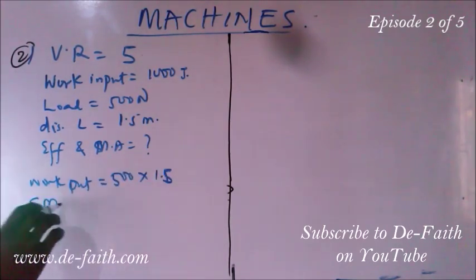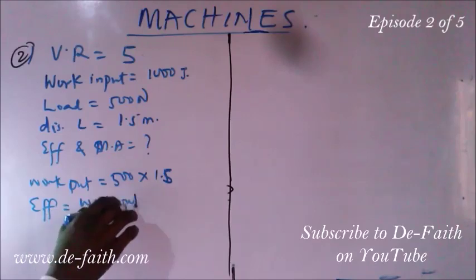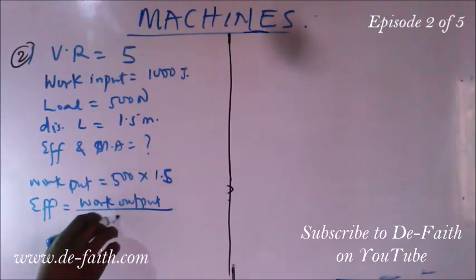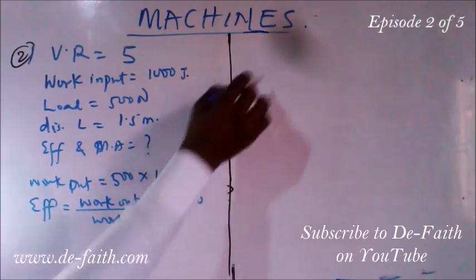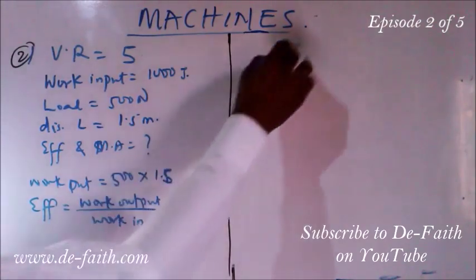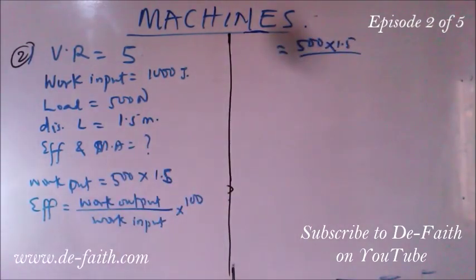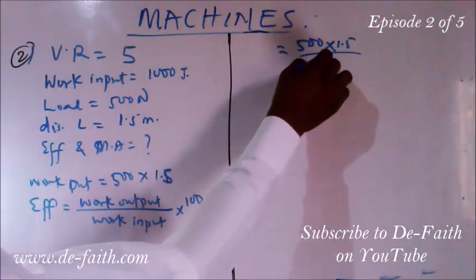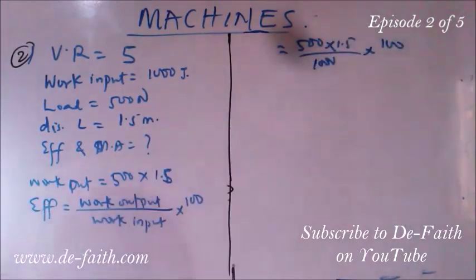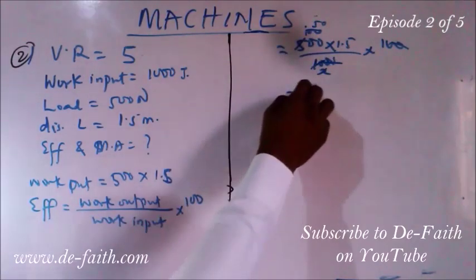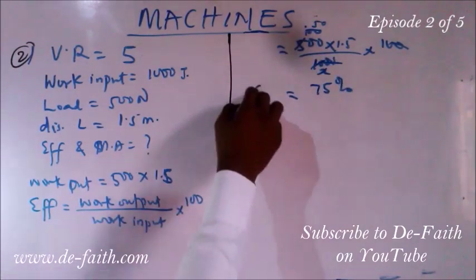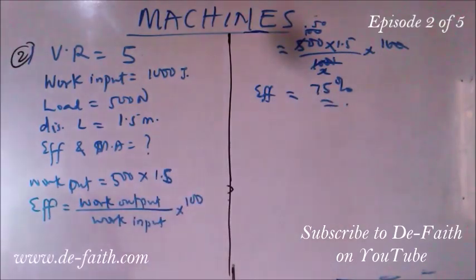We will have that our efficiency is work output over work input multiplied by 100. The work output is 500 times 1.5 and the work input is 1000, multiplied by 100. And so with all this, we will have 50 times 1.5, which gives 75% as the efficiency of this machine.